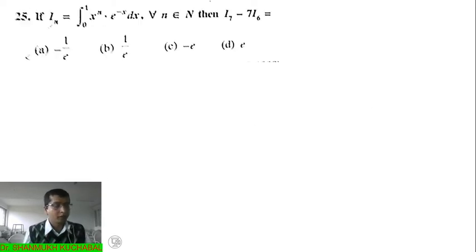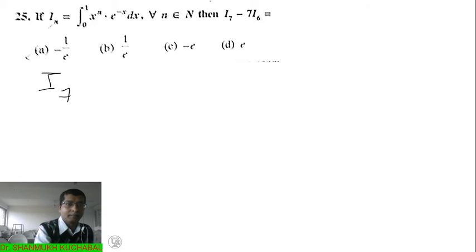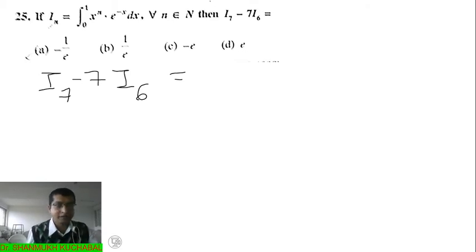Now we'll move to our example number 25. It is I n equal to the integration from 0 to 1 of x raised to n into e raised to minus x. We need to find I7 minus 7 times I6. I7 means we have to replace n by 7.